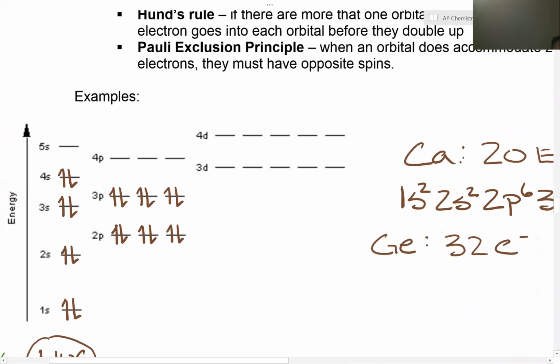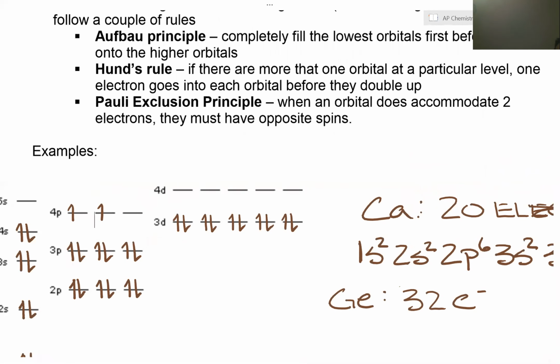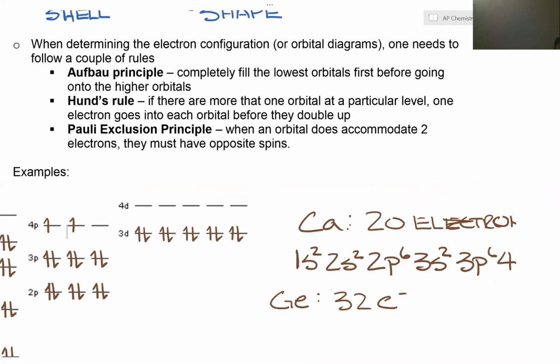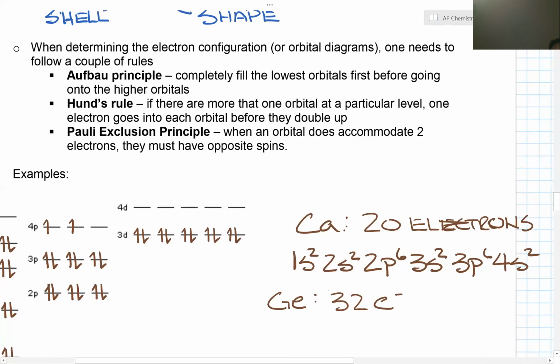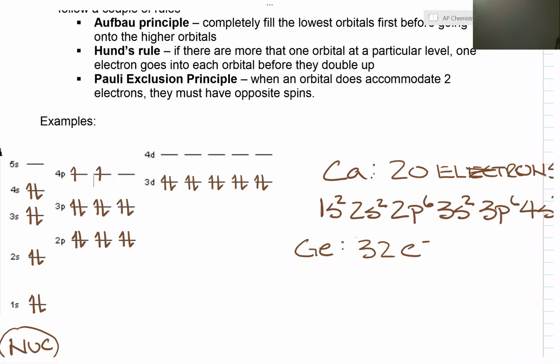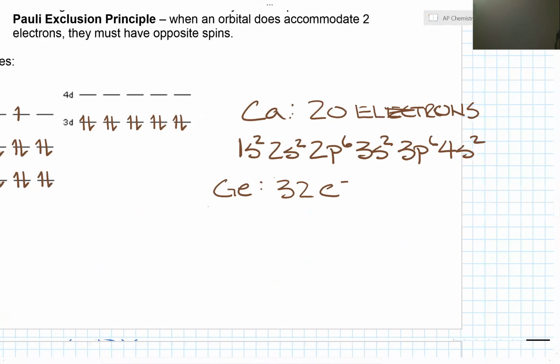We've done 20, so now we fill in here. 21, 22, 23, 24, 25, 26, 27, 28, 29, 30, 31, 32. Notice I filled in the 3d before the 4p because according to the Aufbau principle, I have to completely fill the lowest orbitals first before we fill the other ones. And 3d has lower energy than 4p.